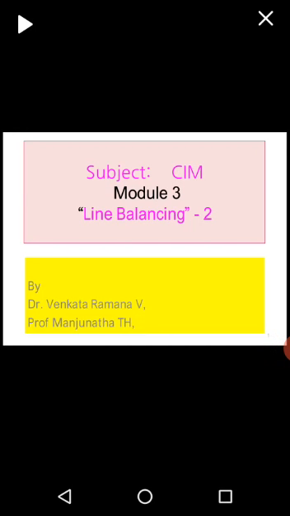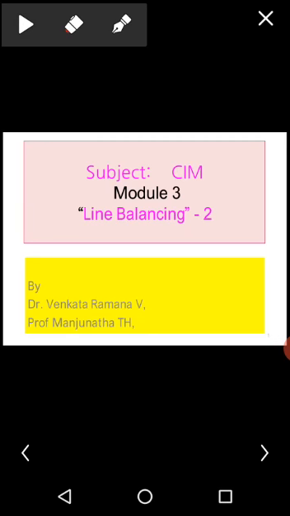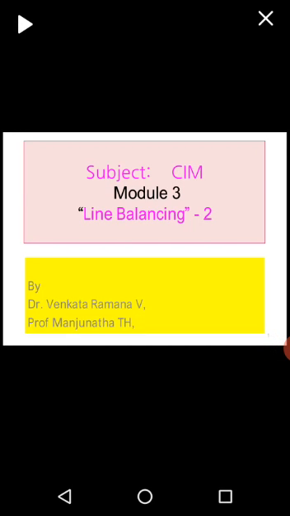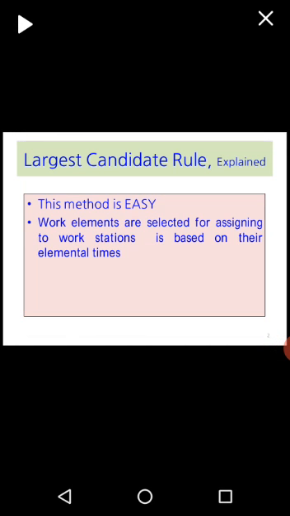We also learnt in class 1 the number of methods to solve line balancing. We have three methods. Among the three methods, in this video we will go through one method, that is the largest candidate rule.